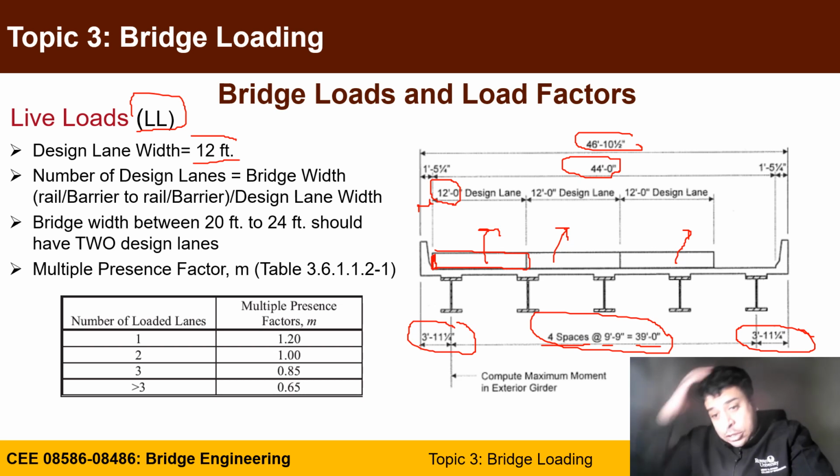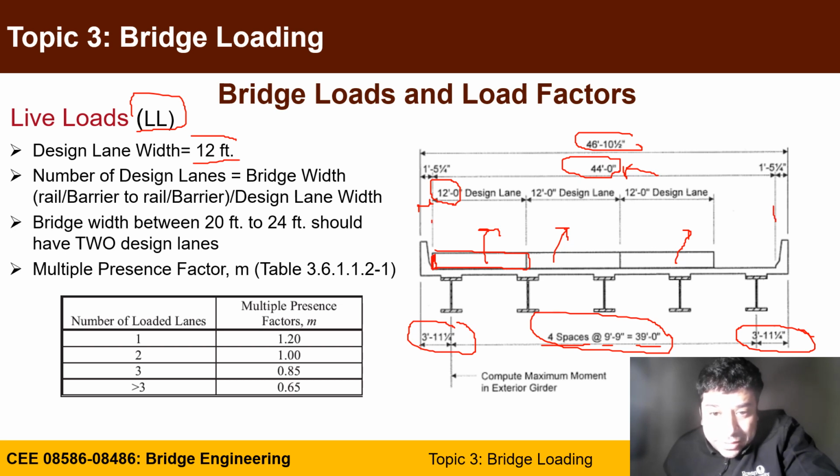In terms of how to calculate those design lanes, you take this number, which is the edge of barrier to edge of barrier distance, and you divide by 12 and take the integer number. So the number of design lanes is the bridge width, barrier to barrier or rail to rail, divided by the design lane width.